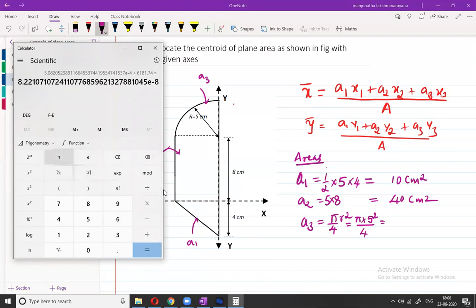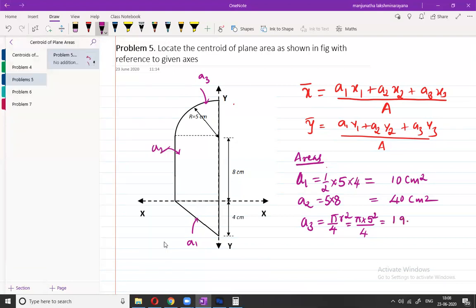So pi into 5 square, 25, divided by 4, which is equal to 19.63 centimeter square. So these are the area values.